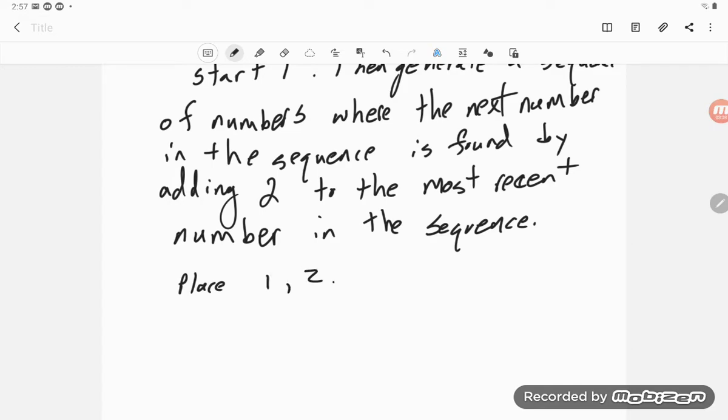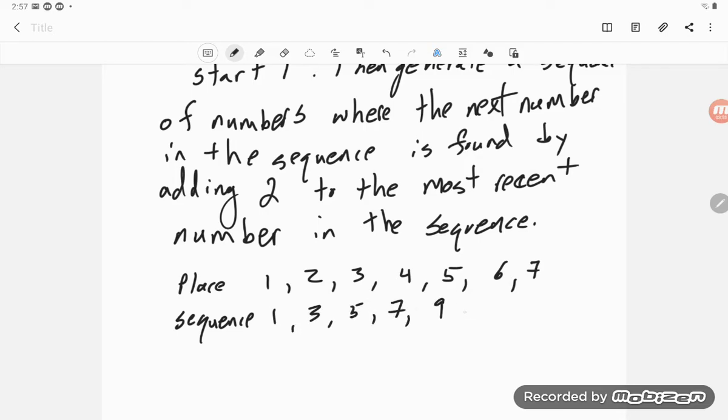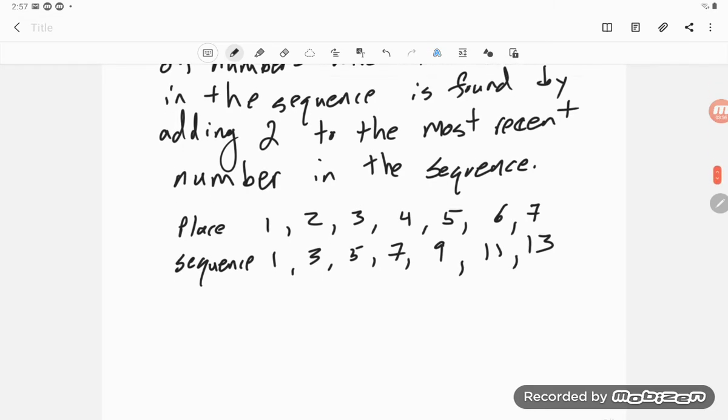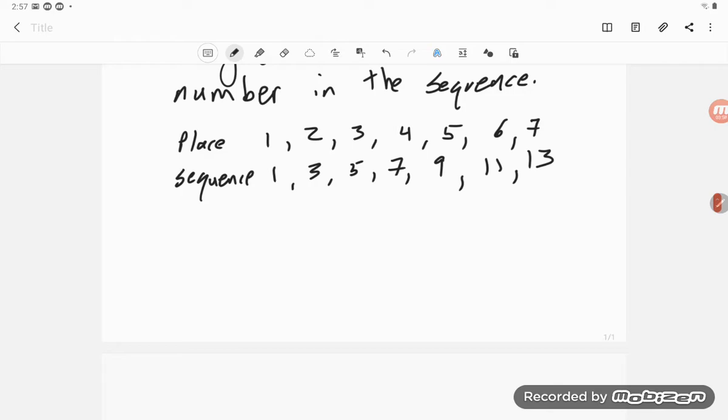And then 2, 3, 4, 5, 6, 7. And here's the sequence: 1, 3, 5, 7, 9, 11, 13. Now, you could come up with a nifty function, and this is just a linear function.